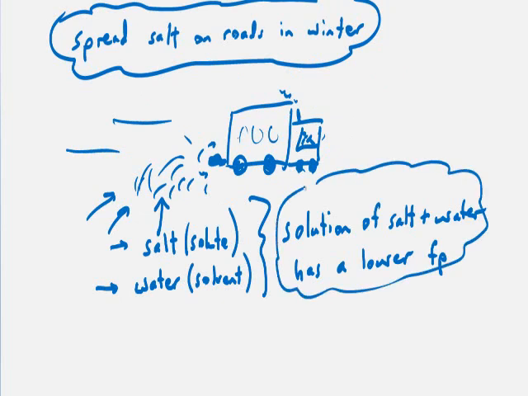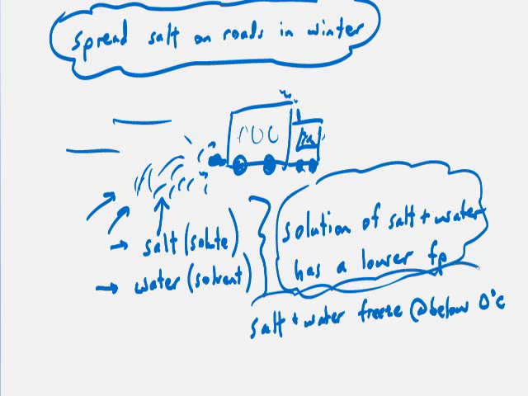The solution of salt and water that's created has a lower freezing point than pure water. The solution of salt and water will freeze at temperatures below 0 degrees Celsius, which allows the roads to remain unfrozen at temperatures cooler than it would be without the presence of the salt, keeping the roads safer without ice on the roads at lower temperatures than would otherwise be the case.